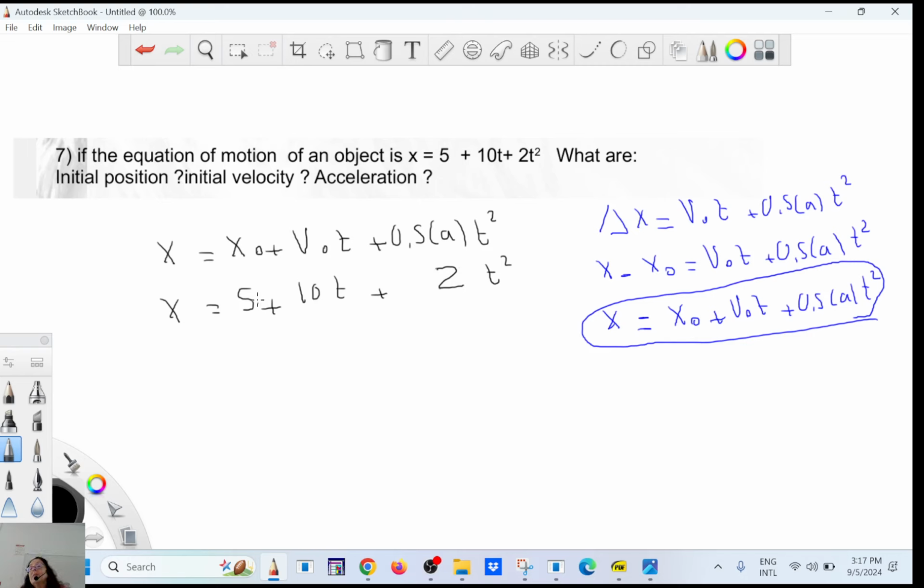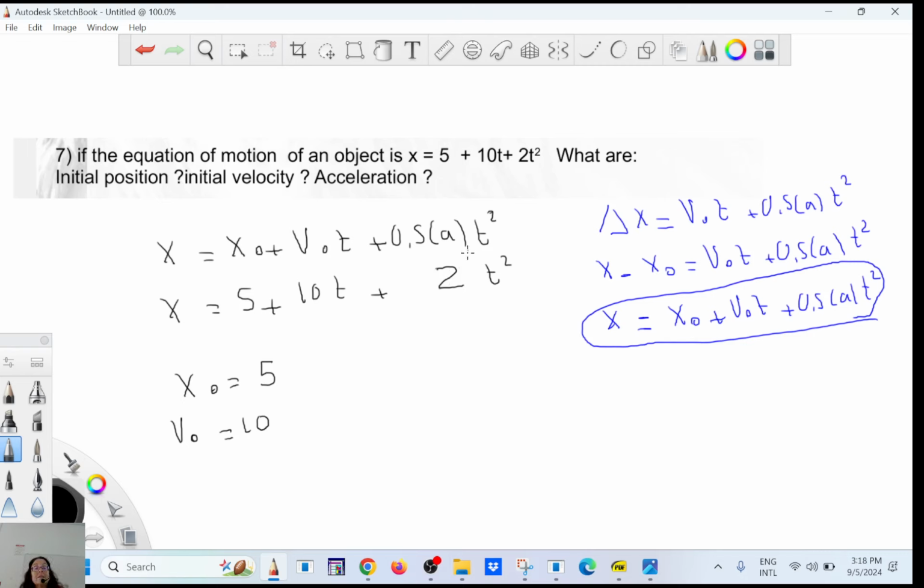So it's a little bit of algebra. So initial position is going to be 5, right? So 5. What about the initial velocity? 10. A little bit tricky. Half of whatever is 2. It's going to be 4.